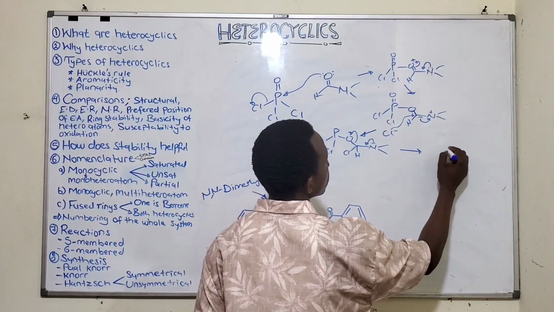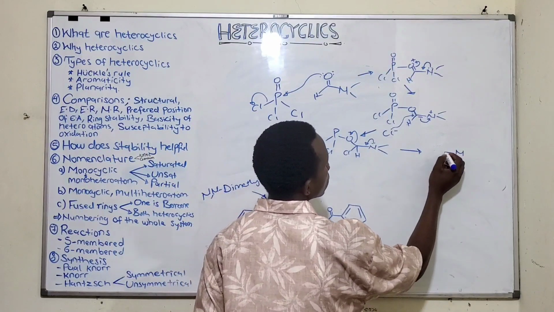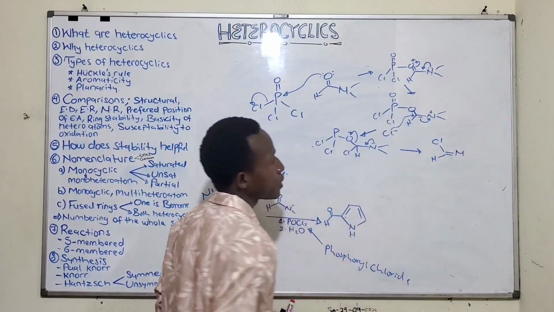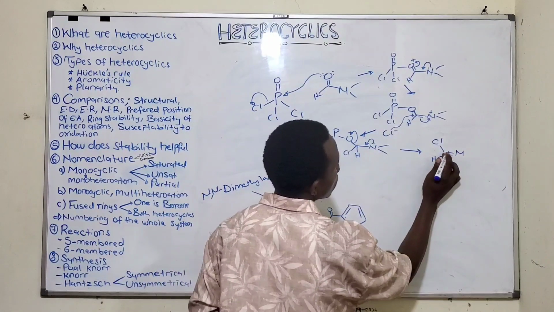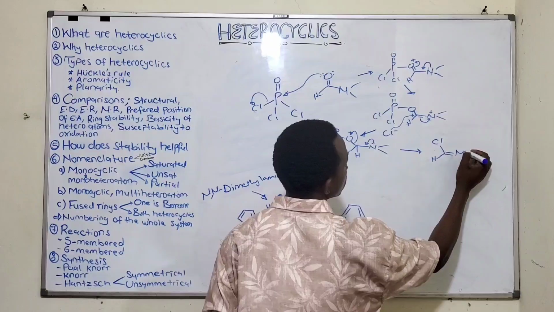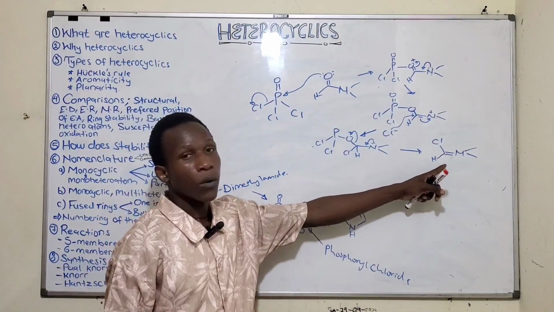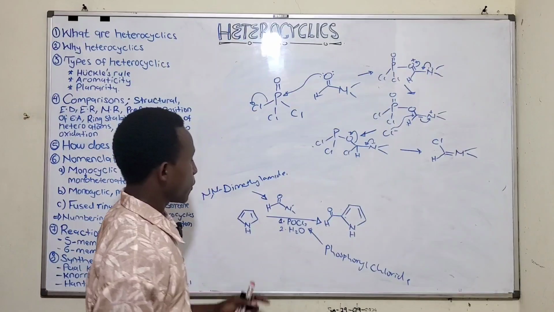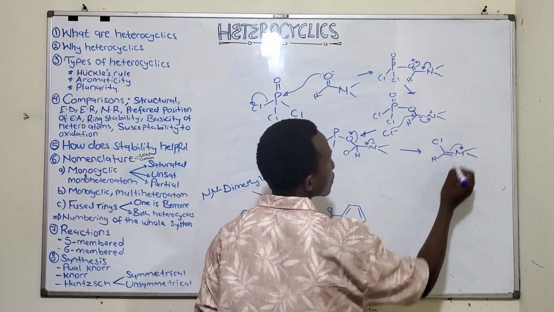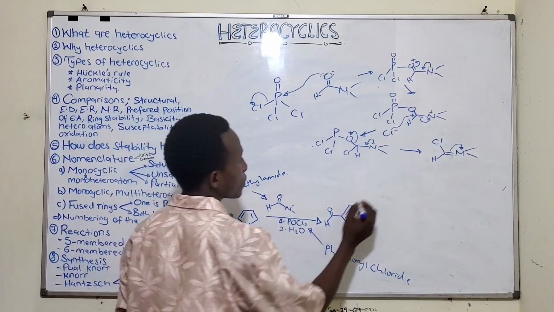So we shall have N with two bonds and it is having a chloride and a hydrogen at this carbon. Then with two methyl groups. This is what we are having. Now, as it takes its bonds back, then pyrrole will come.